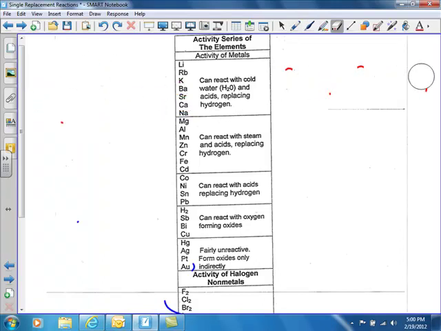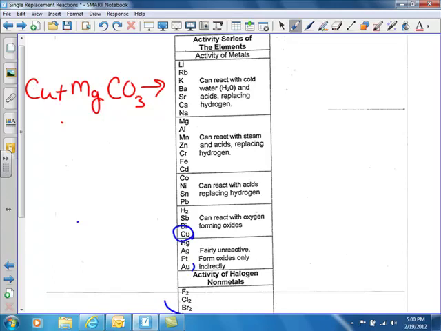Okay, let's look at another reaction. Let's look at copper reacting with magnesium sulfate. Magnesium carbonate, excuse me. I want to see if this reaction will work. So I go to my list and find copper. Copper is way down here, and magnesium is up here.